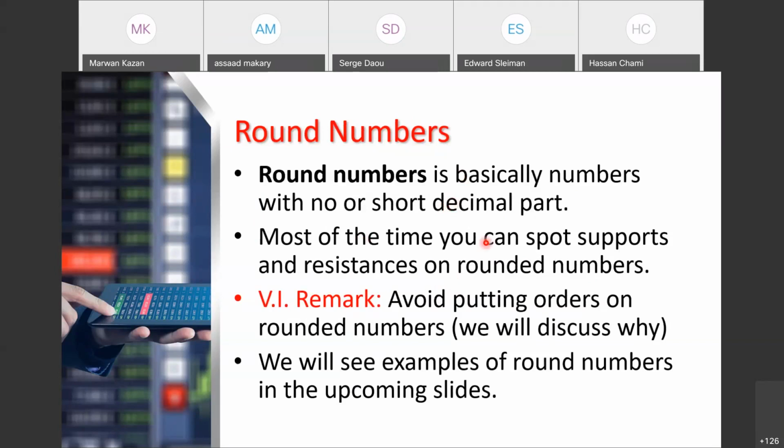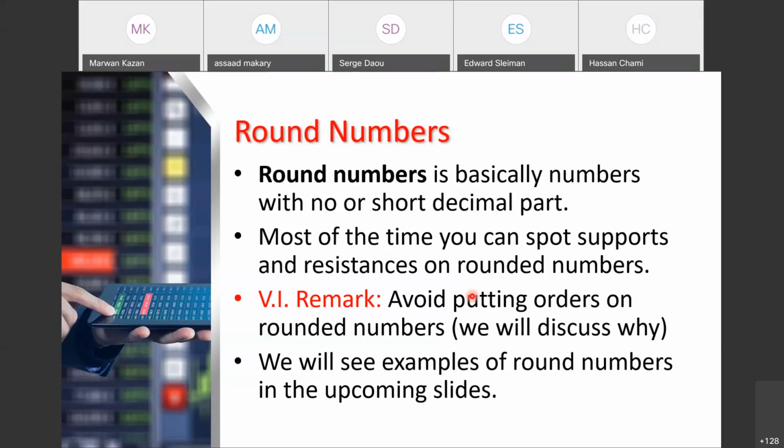Now, most of the time you can spot supports and resistances on round numbers. Why? Because if people want to send limit orders, they will send a limit order at $20. They won't send a limit order at 19.735, for example. So they're going to send at 20. That's why you find a lot of supports and resistances on round numbers.